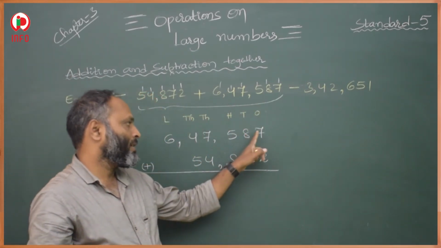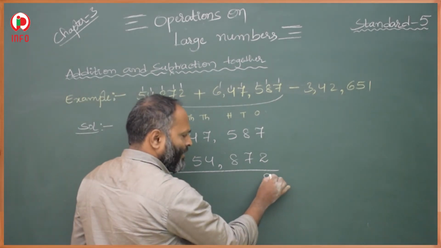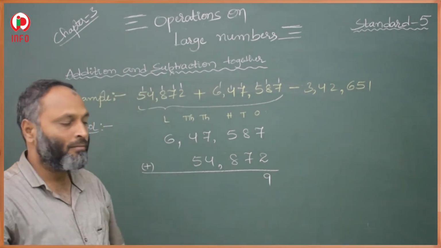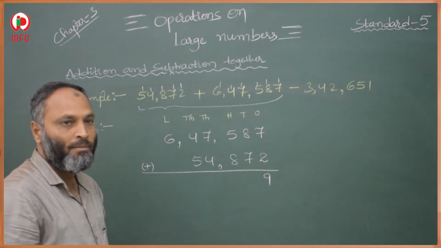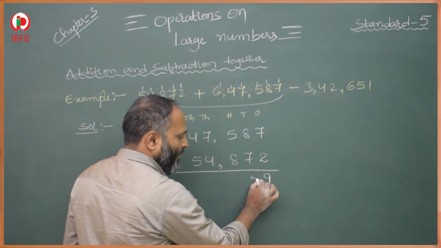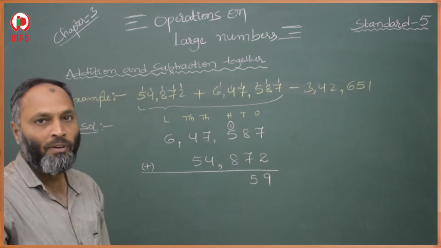Starting from here, 7 plus 2 is 9. 9 is a single digit number. Then 8 plus 7 is 15. 15 is a double digit number, so we take 5 here and 1 to the very next place, the hundreds place.